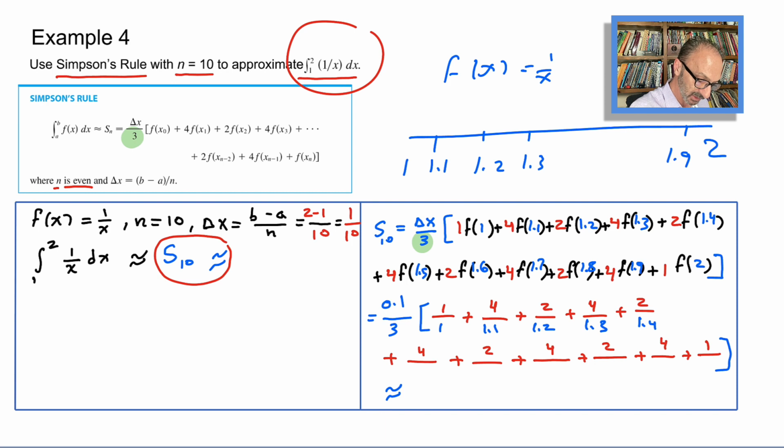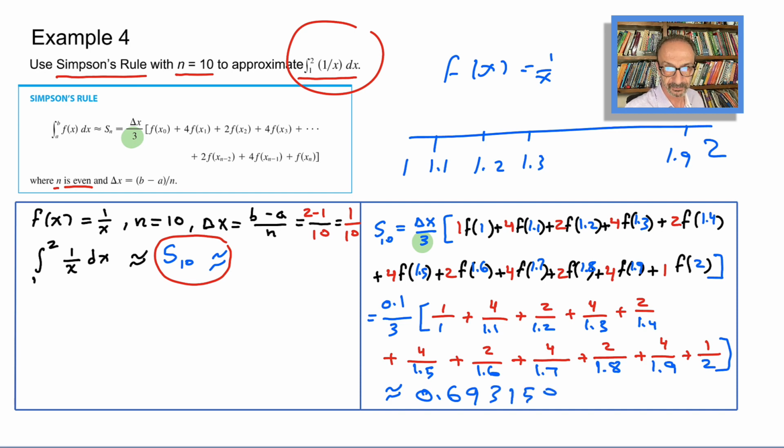Takes a lot of calculations, but that's how we start. 1.5, 1.6, 1.7, 1.8, 1.9, and f of 2 is 1 over 2. Using a calculator to approximate this, I have it on the side, which is 0.693150.